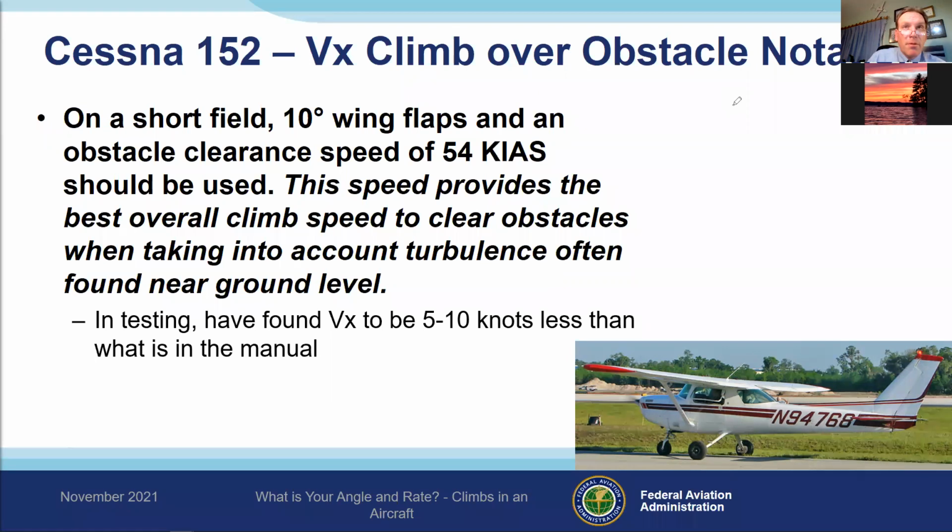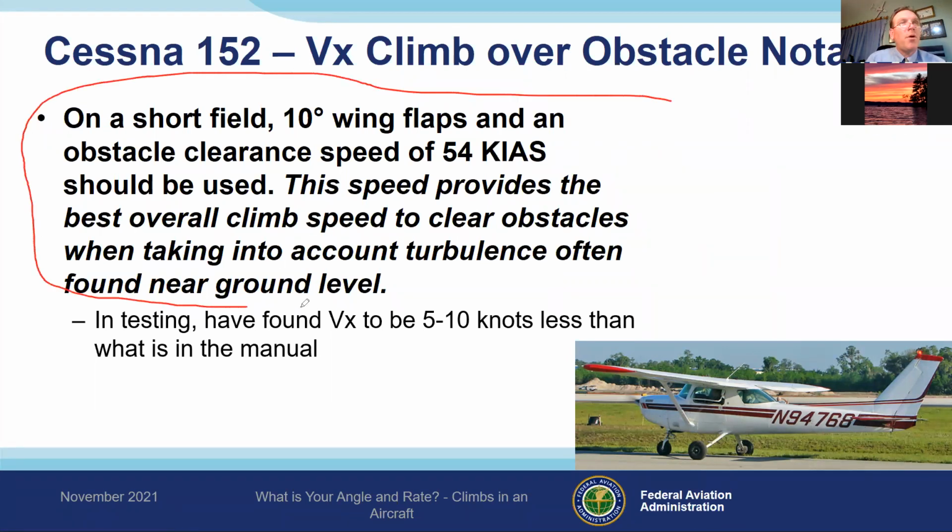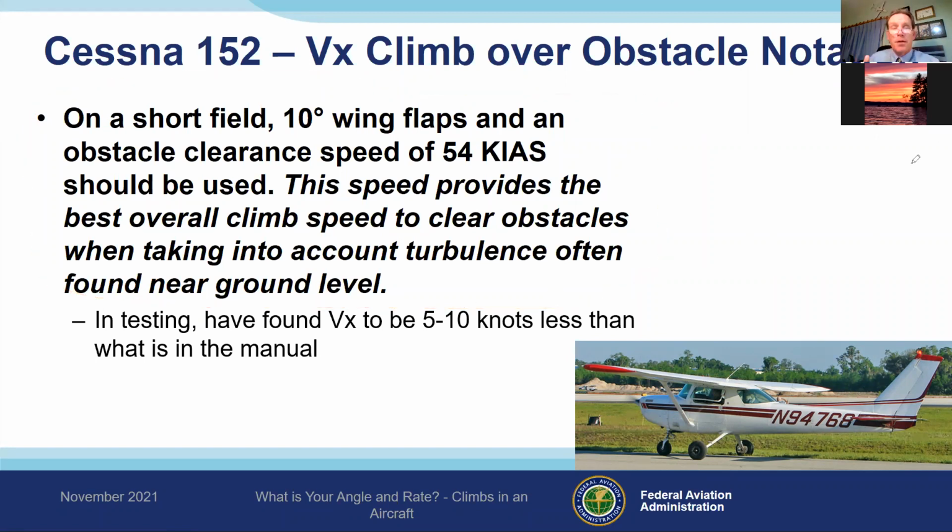But Cessna, taking into account the certification standards and what they are allowed to do within those certification standards, appear, and I emphasize here, appear, because all I've seen is just the aircraft I've flown and done some data recording on, appears they recommend a speed that's 5 or 10 knots higher than the actual speed where I have found the best angle of climb to be located.